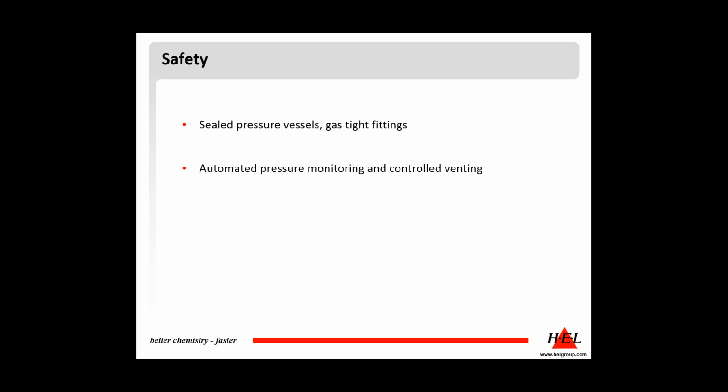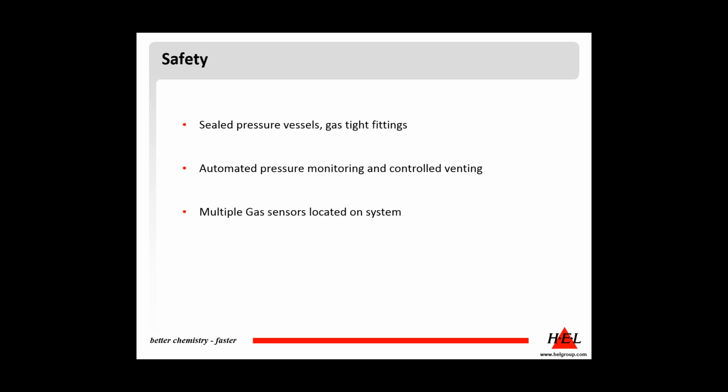Again, we have automated pressure monitoring and control venting. This is all automated in the system. So any venting is controlled by our software, and usually we have the clients vent in a safe way within the laboratory.